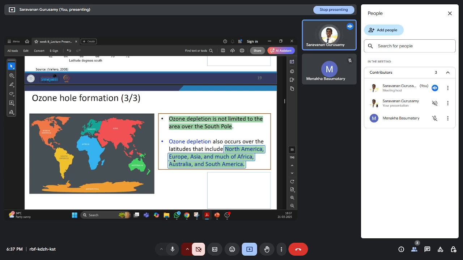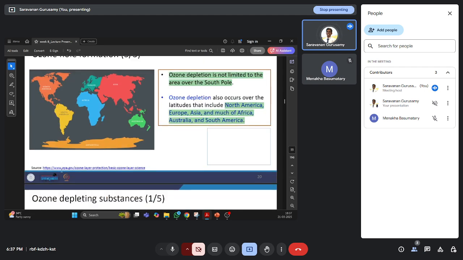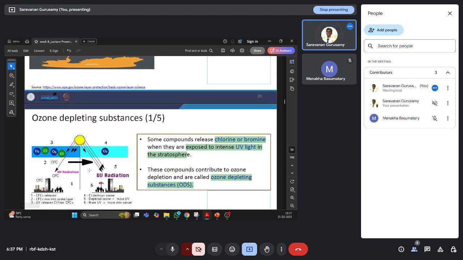If you see globally, it is not only the Antarctic zone, not only the South Pole zone. You can also get this type of ozone hole in North America, Europe, Asia, everywhere. Even in India, in tropic regions, you can feel some areas having huge sun impacts, all due to this type of ozone hole only. So it's spread everywhere, but the Antarctic zone is having a huge loss of ozone.